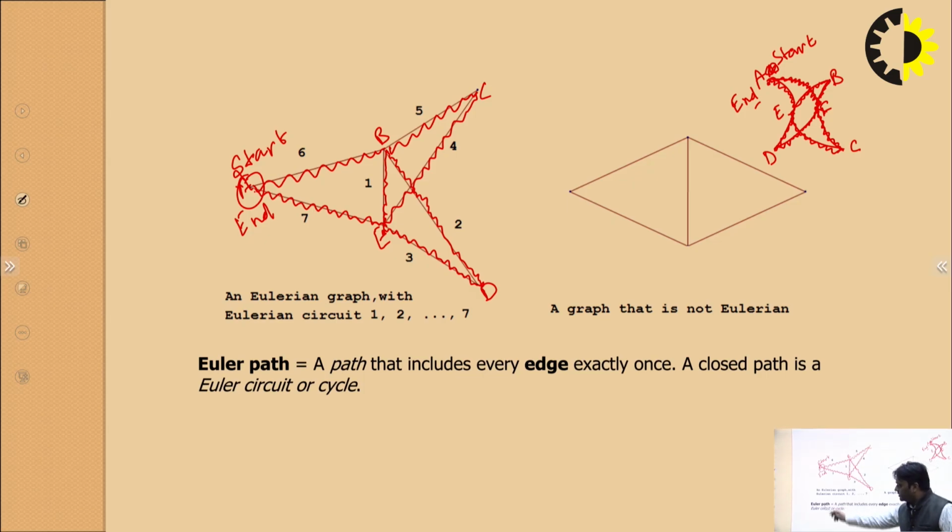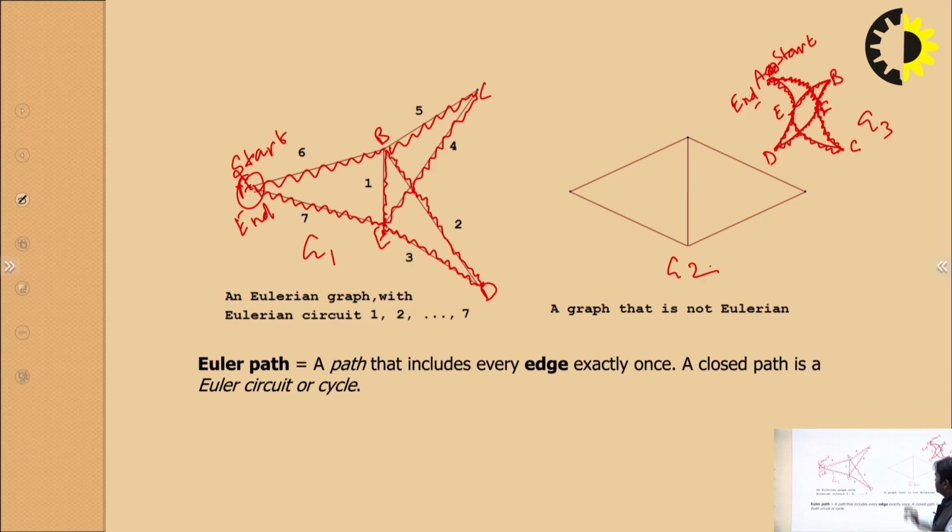Next, Eulerian path: a path that includes every edge exactly once is called an Euler path. A closed path is an Eulerian circuit. We see the Euler path here. Next diagram: this is graph 1, graph 2, graph 3.